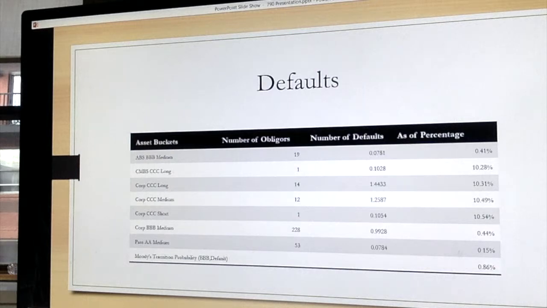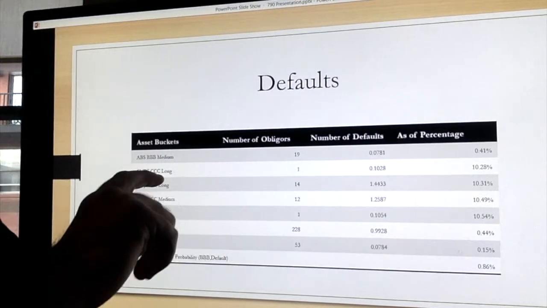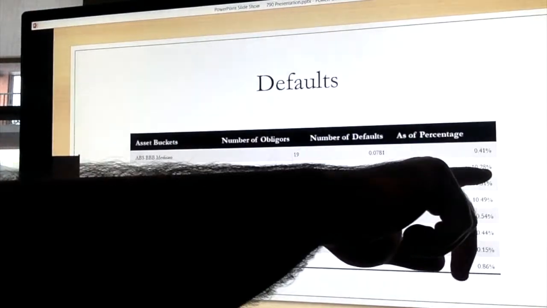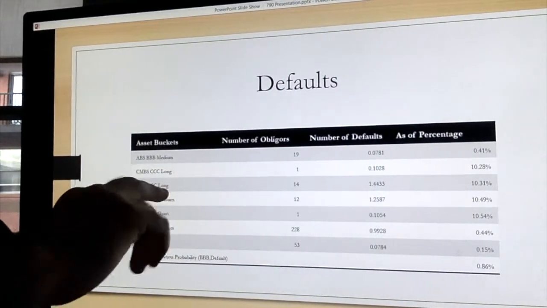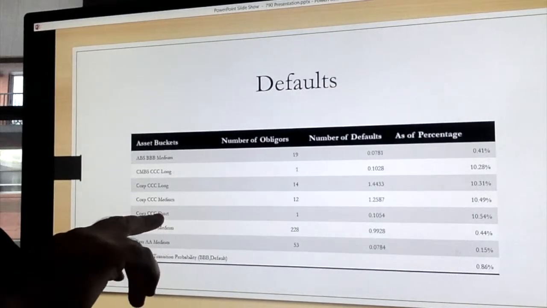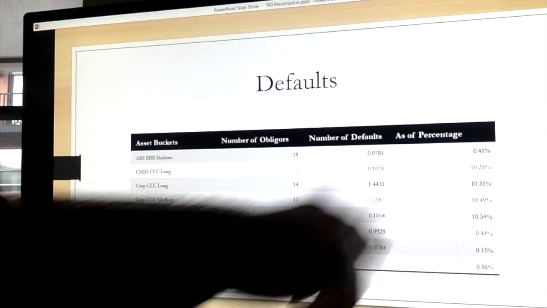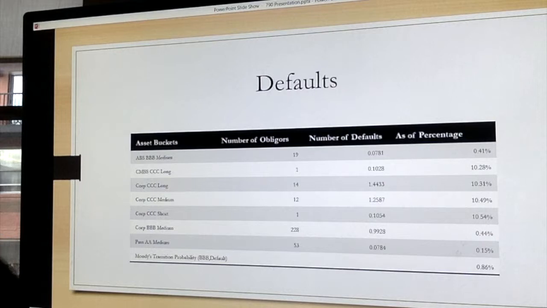What is mostly important here are the triple CCs. For example, corporate triple C long tenor has a 10% default chance. Corporate long tenors, medium tenors, short tenors, they all have around a 10% chance of default.